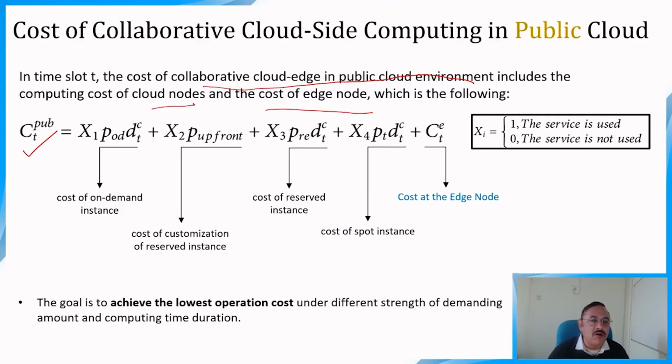In this case, it includes the cost of the on-demand instance, the cost of customization of the reserved instance, that is the upfront cost, the cost of the reserved instance, and the cost of the spot instance, and then the cost at the edge nodes, where x_i is 1 if the service is used and 0 if not used.